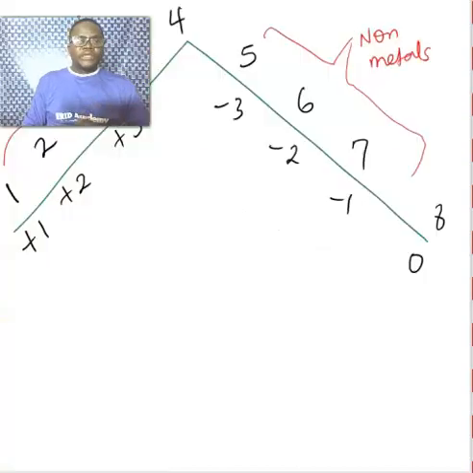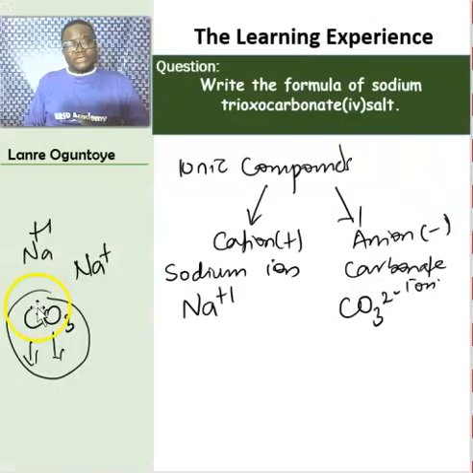So this kind of chart will not be useful to identify the charge that carbonate ion will carry. So how do you go about that? At this level, you will need to get familiar with the charges of certain what? Ions, or certain complex ions like carbonate, phosphate, nitrate, sulfate, sulfite, nitrite ion.